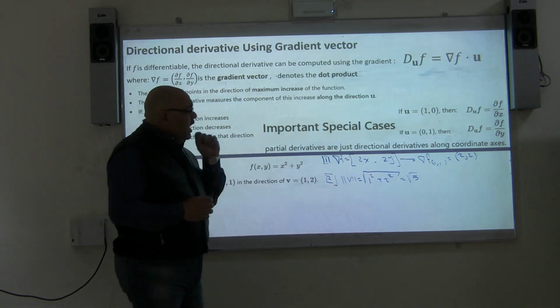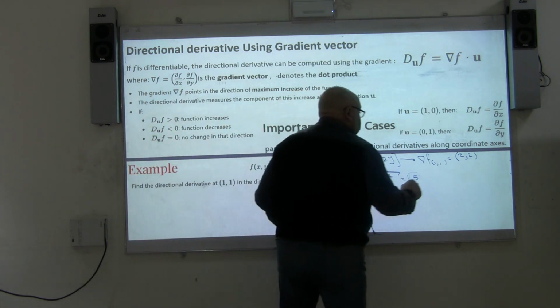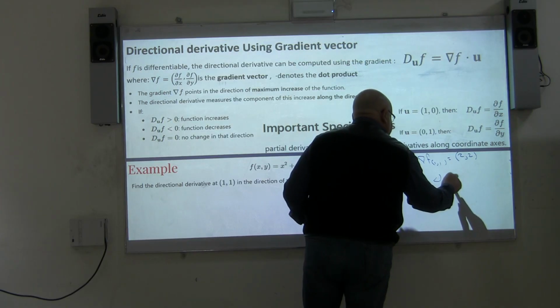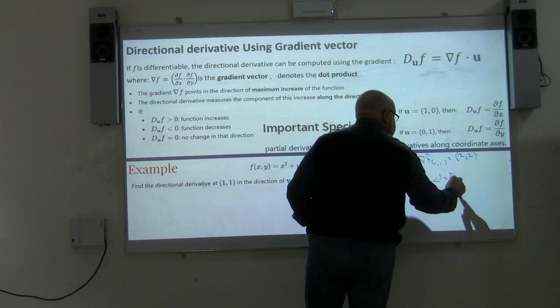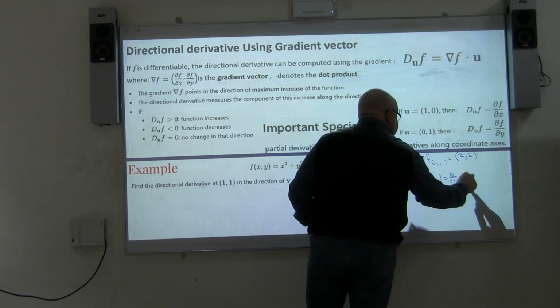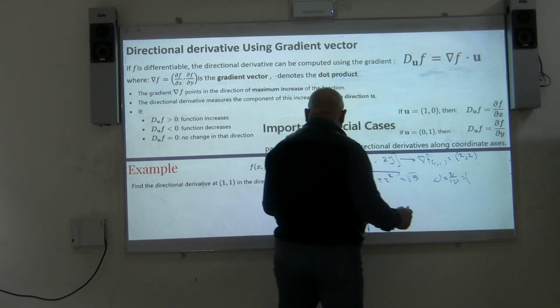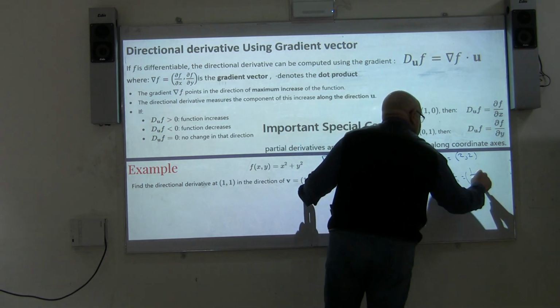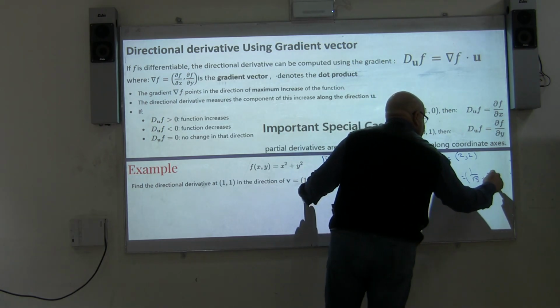Now I can get my unit vector. So v as a unit vector is going to equal the components of the v vector divided by the norm of v, which means it's going to be 1 over root 5 and 2 over root 5.